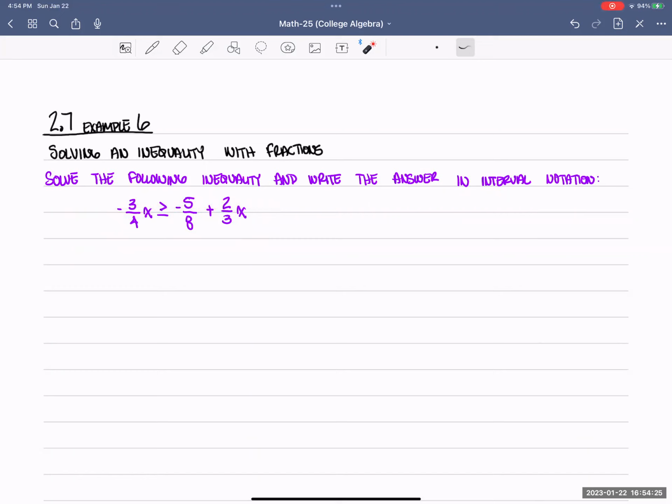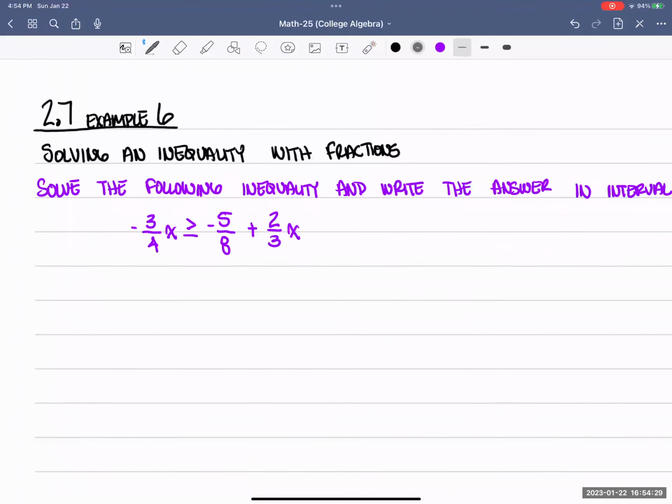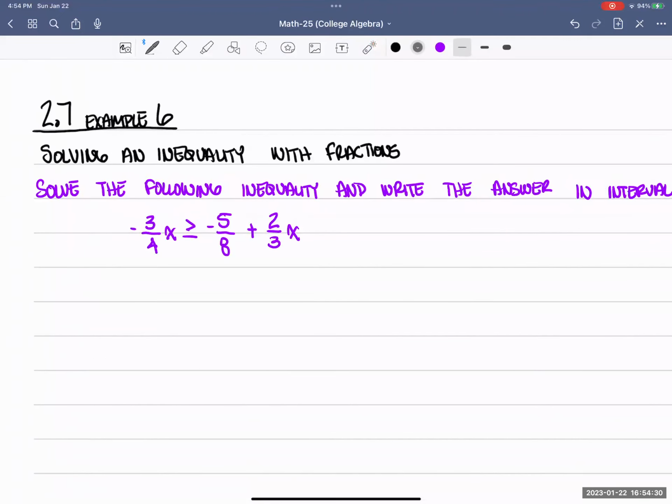Just like we did in earlier sections, in order to solve these problems, we have to multiply by what we call the LCD, the least common denominator. So a number that's big enough to be divided by 4, 8, and 3.